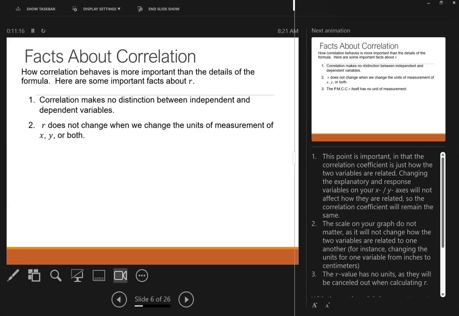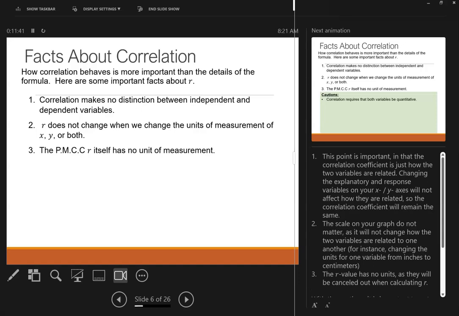So if I did my study in feet for X and pounds for Y, and then I changed X to kilometers instead of feet, the R value is going to remain the same. The units will not affect it, as long as I do the unit conversion to the data.